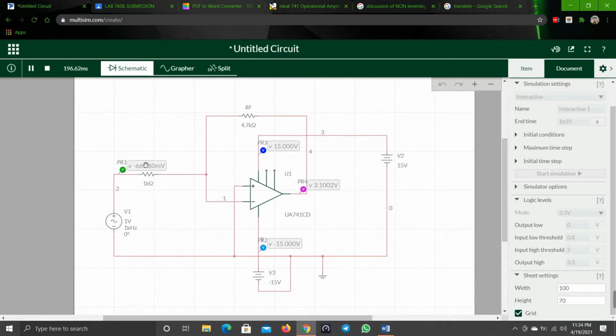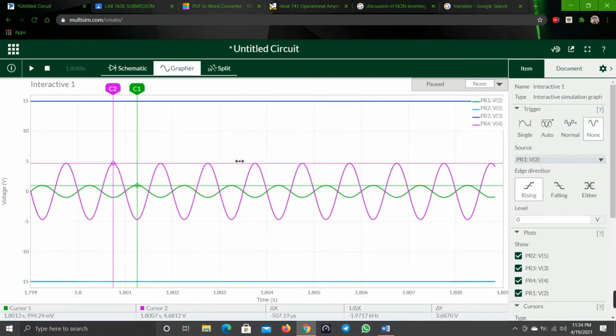You need to put the probe first to run and get the measurement, and we stop it and we click the graph. It will show the sine wave for the inverting amplifier for the 4.7 kilo ohm resistance.